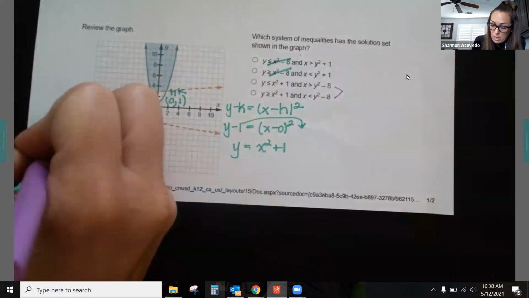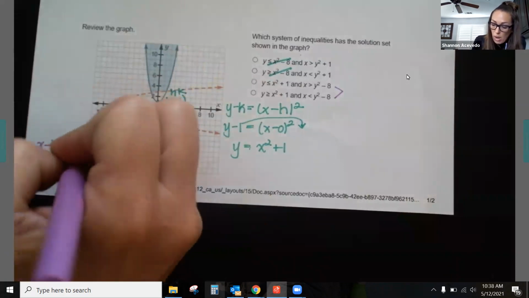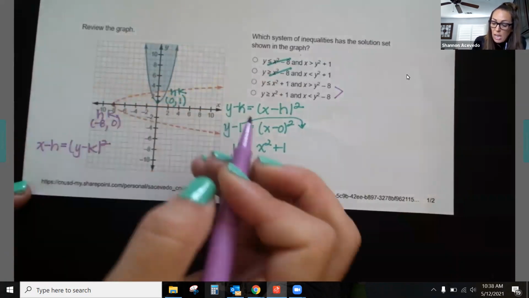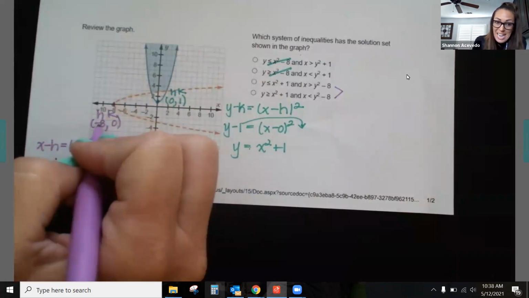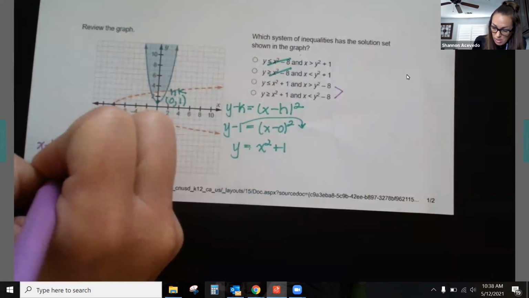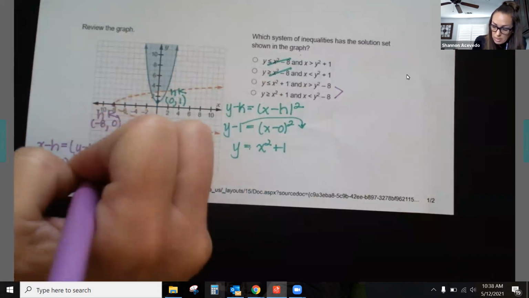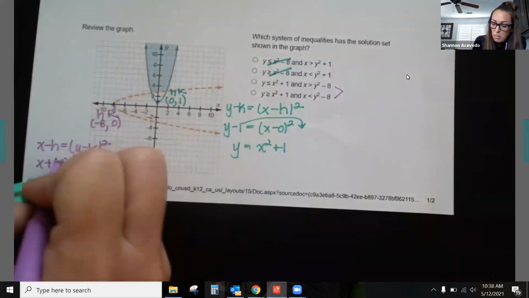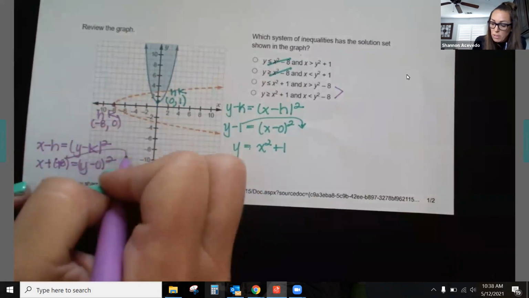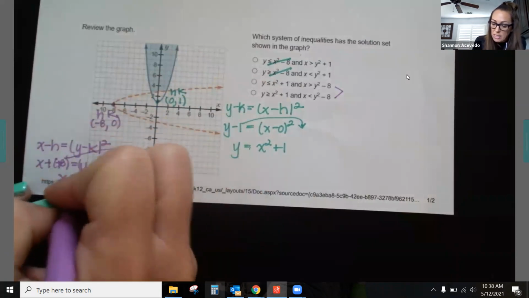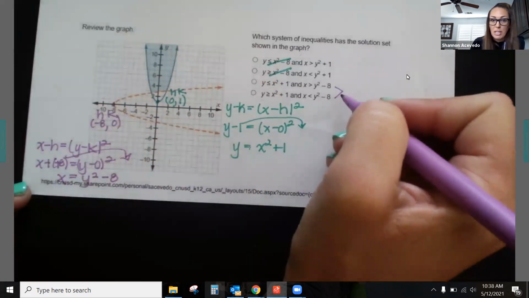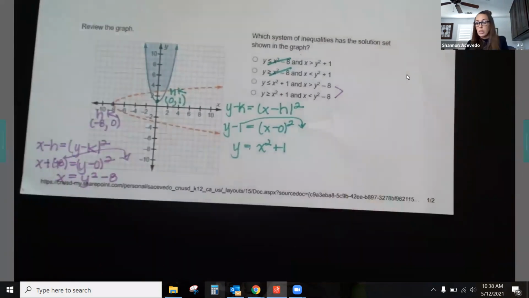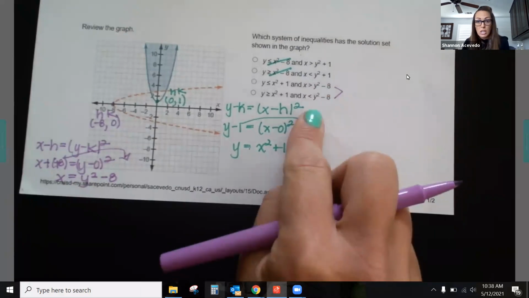So this would be x minus h is equal to y minus k squared. And so I can easily plug in my values. This would be x minus a -8 is equal to y minus 0 squared. So this becomes a positive, but when I bring it over to the other side, it's going to end up being x is equal to y squared minus 8, and you can see it's going to match those two. So I know that these are going to be my equations.